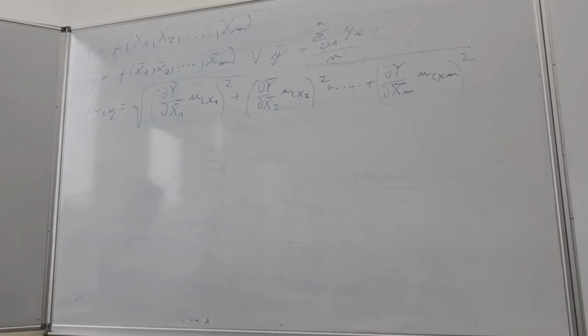This is all under the square root. This is Gauss's law of propagation of uncertainty.